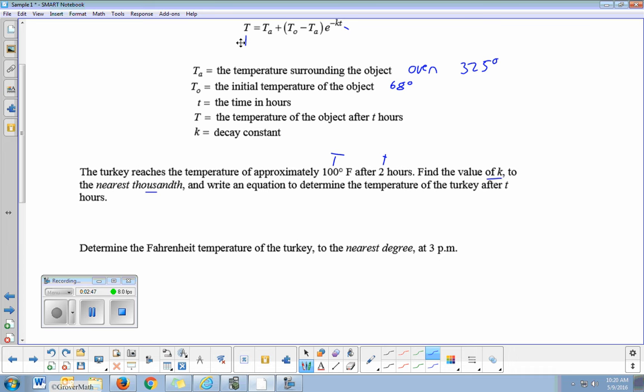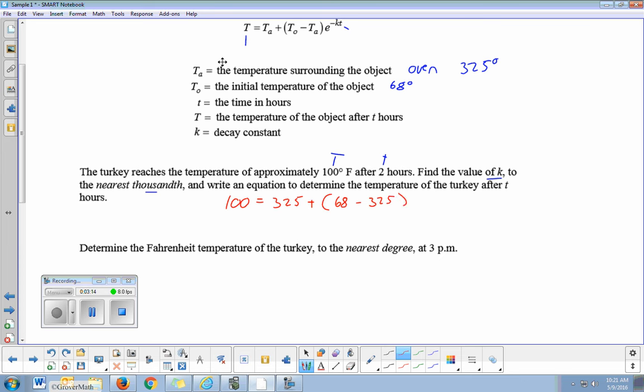So they gave us the temperature of the object after 2 hours. So the setup would look like 100 equals T sub a, the temperature of the oven, 325, plus parentheses the temperature of the object, 68 degrees when it's placed in the environment, minus the temperature of the environment, 325 degrees.